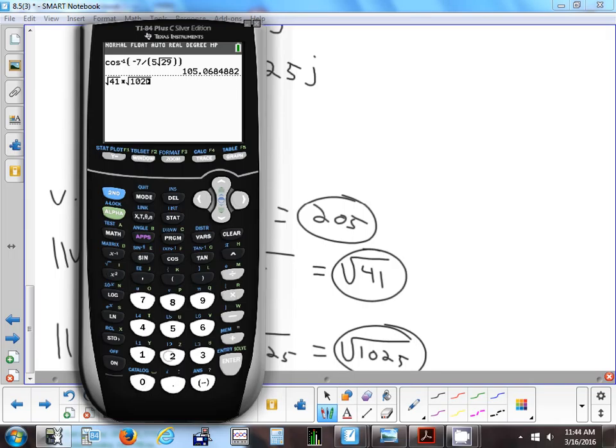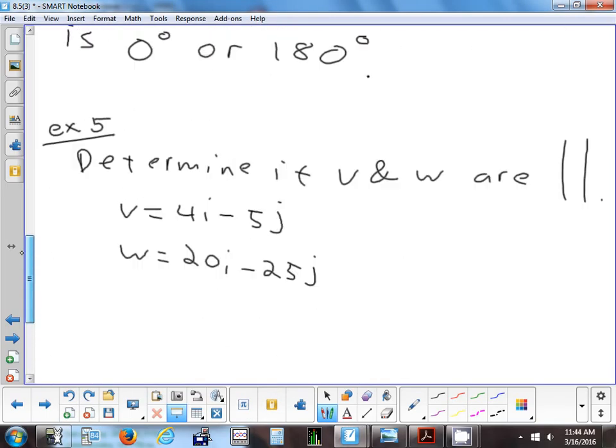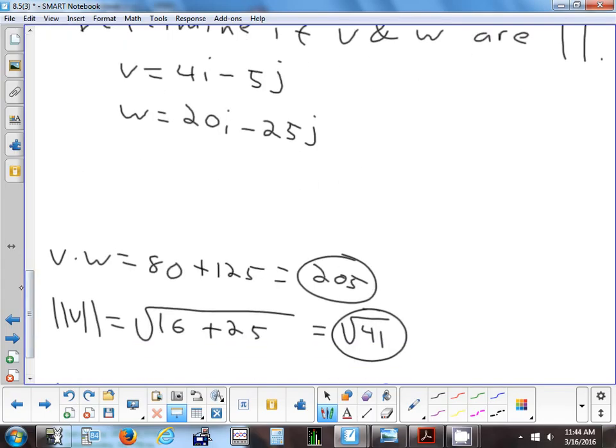What am I hoping to get? 205 or negative 205, but obviously this is a positive times a positive, so it's positive. Now the numerator and denominator are the same, so we get 1. They are parallel. So yes, V and W are parallel.